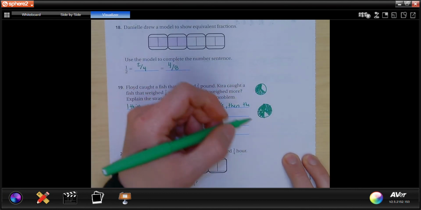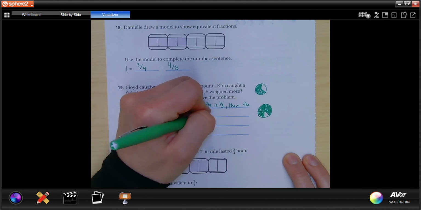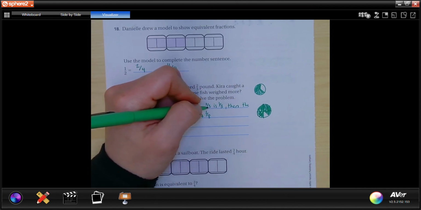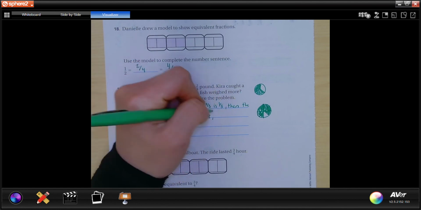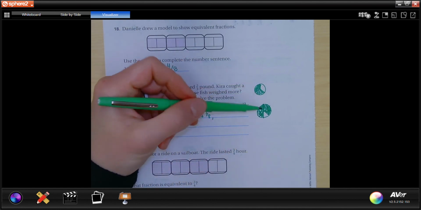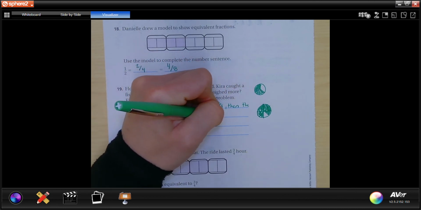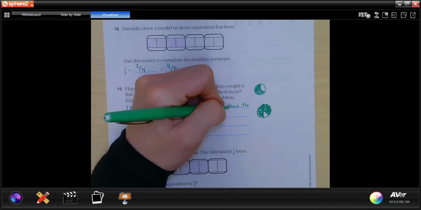Okay, so there's 1 left, so 1/8. So we know that 1/8 is less than 1/3, right? So 1/8 is less than 1/3.